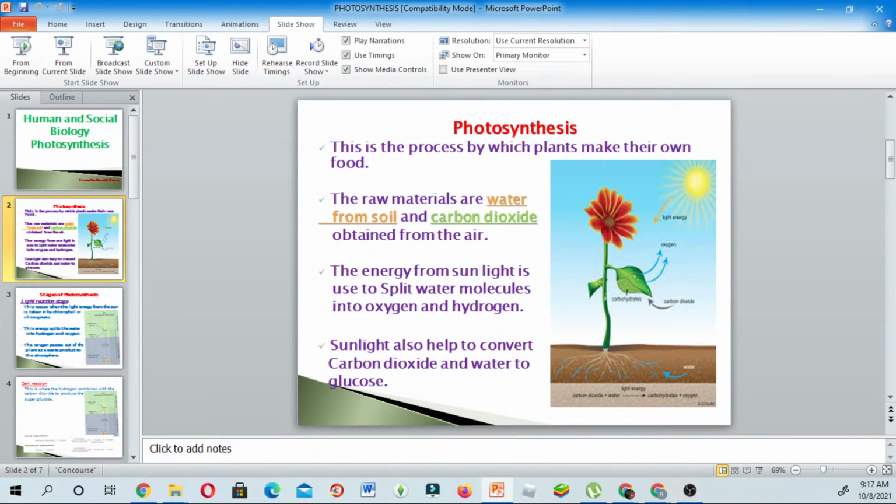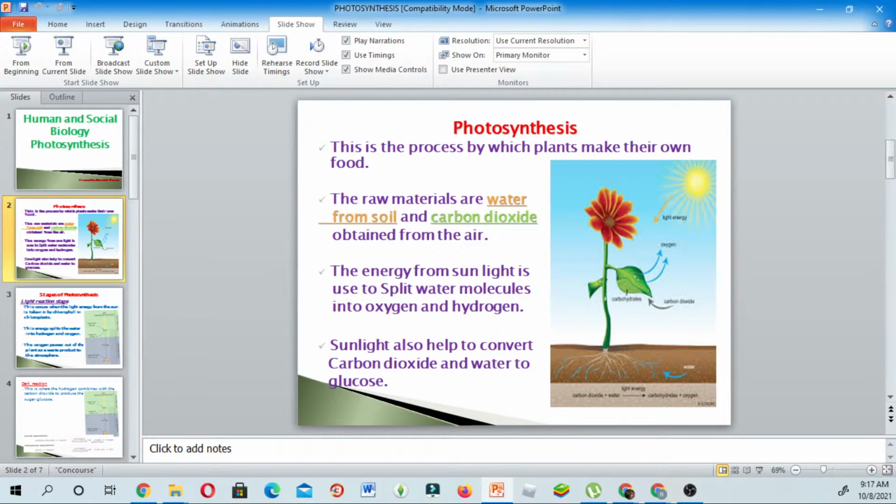Now, in terms of the plants being able to make their own food, there are some conditions that must be present. There are some substances or chemicals that must be present in order for this process to actually take place. As on the slide, the second pointer actually starts to give you some of those conditions.